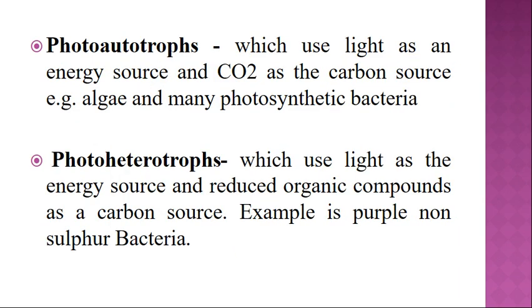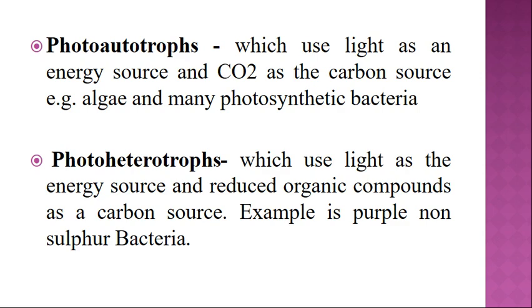These phototrophs can be further classified into two types: photoautotrophs and photoheterotrophs. Photoautotrophs use light as an energy source and carbon dioxide as a carbon source. The word itself tells: autotroph means the carbon source will be carbon dioxide, and the word photo means the energy source will be the light.